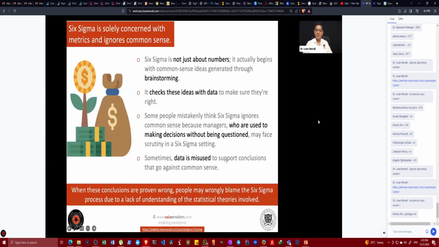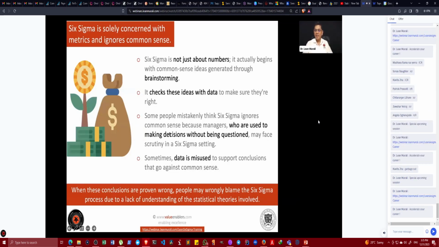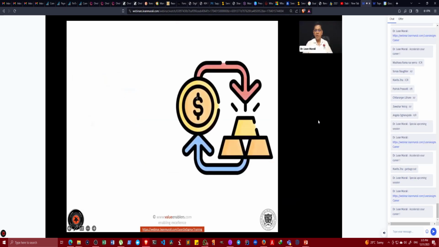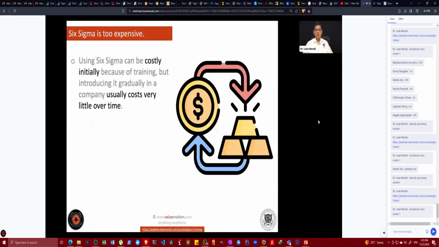Same thing with Six Sigma also. When you don't have the right data and the right analysis, you will end up with garbage. And some people think Six Sigma is too expensive.